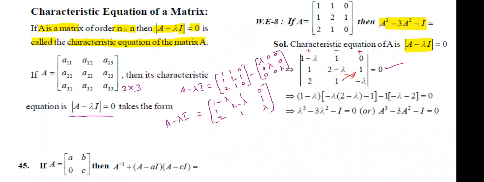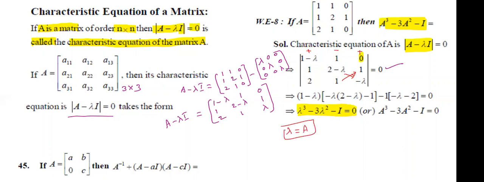The third term is 0, so no need to take it. Now calculate. Finally we get, in terms of lambda, lambda cube minus 3 lambda square minus 1 equals 0. In place of lambda, replace A, since A is a square matrix.